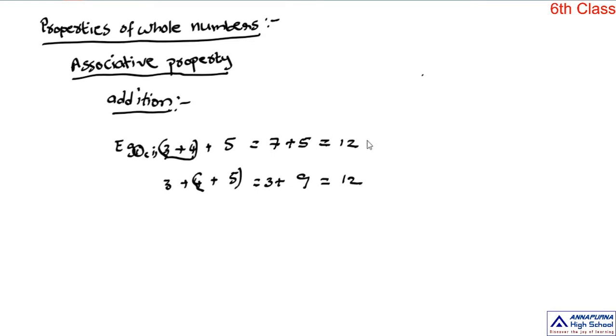Here the two results are same. This shows that the results are same even if we change the grouping of numbers. So while adding whole numbers we can group them in any manner. This is called associative property under addition.